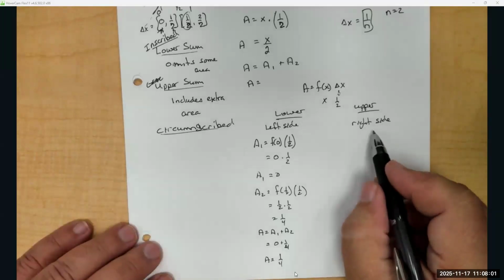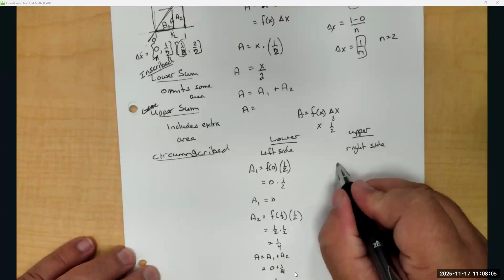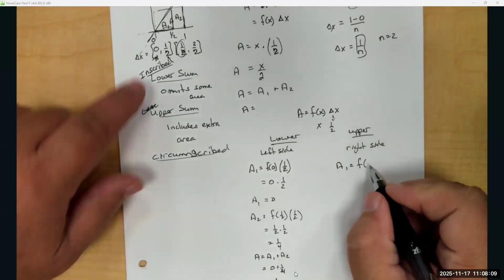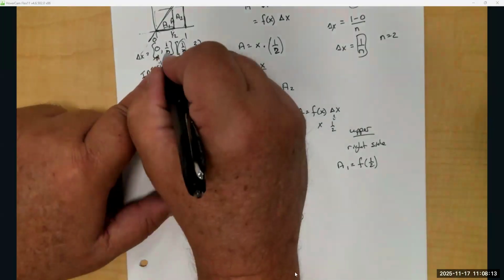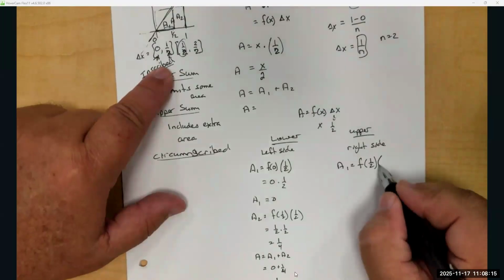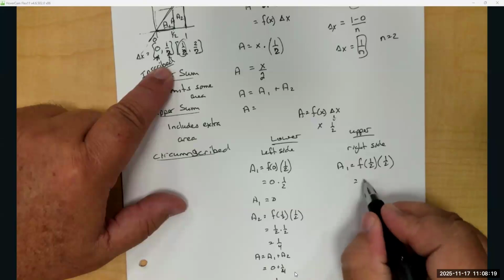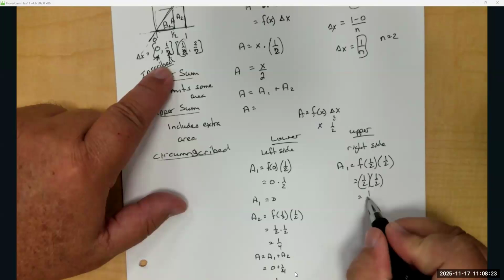Now the upper sum. Now we'll look at the right-hand side of each of these. Instead of 0, I'm now using the right-hand side. In this case, it's 1/2 times delta x. The delta x is still 1/2. So 1/2 times 1/2 is 1/4.